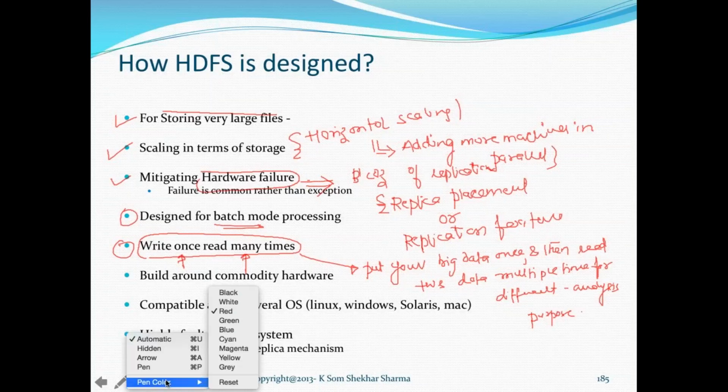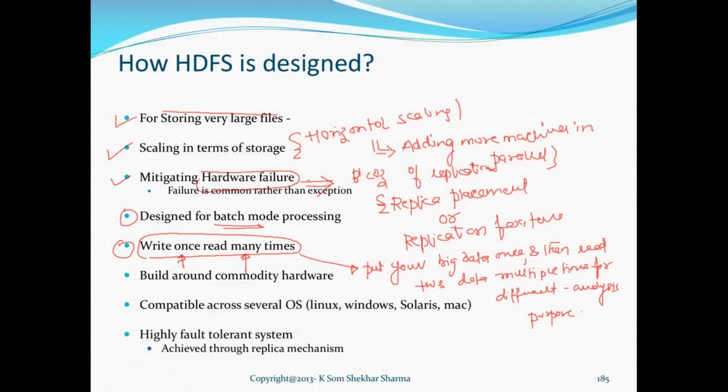Also, I would like to emphasize the fact here that Hadoop was not designed for real-time updates. It was never designed for real-time updates. Okay, it is built on commodity hardware.